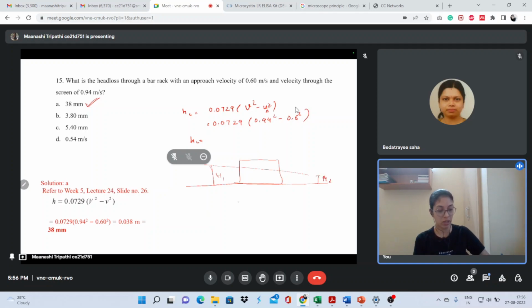So head loss is the difference between h1 and h2. So we can calculate this from this equation. If the head loss is more than permissible, we will clean this screen. It means this screen is very dirty.